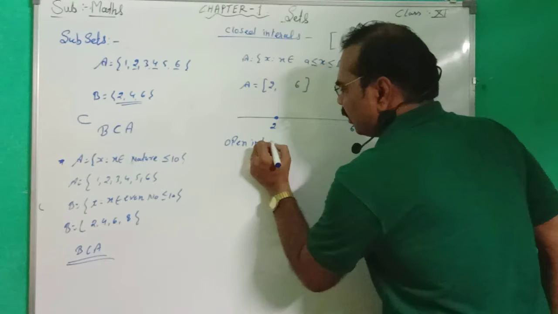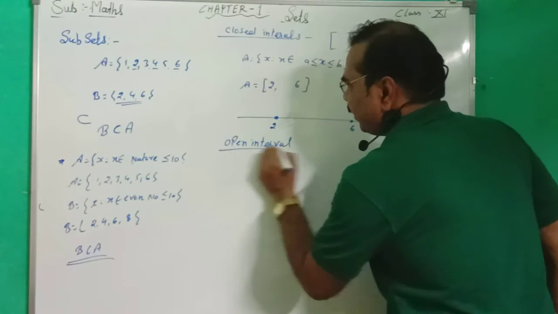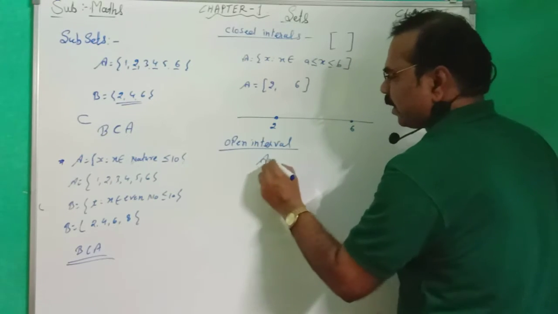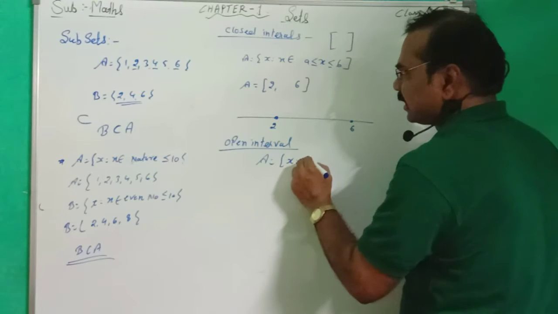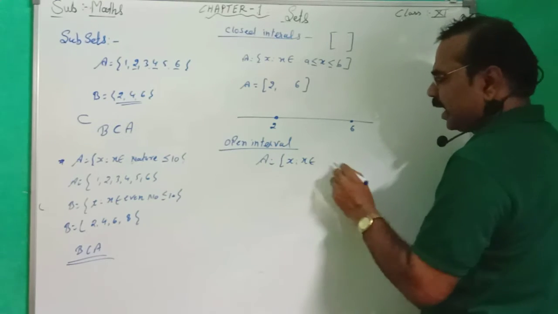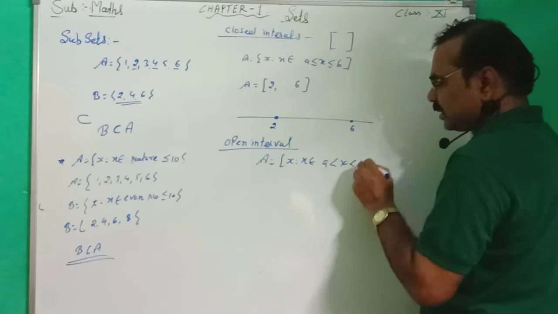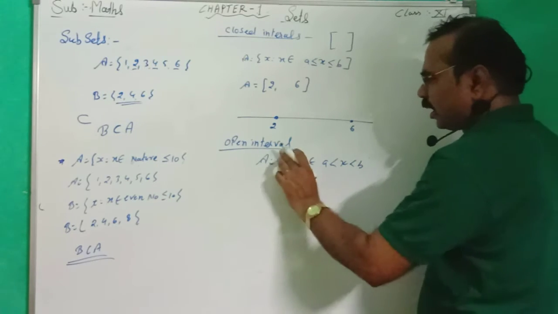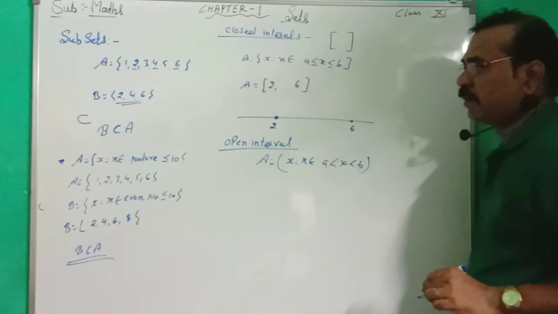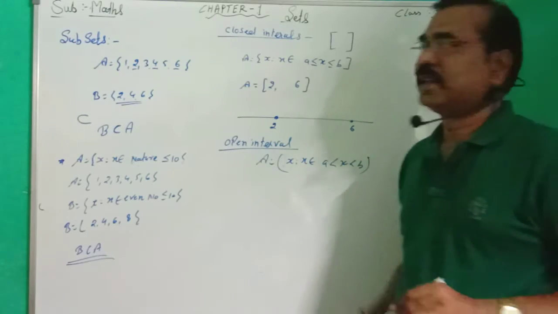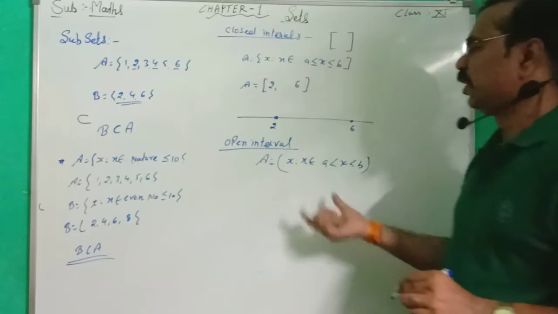Open interval. It means suppose you are given a set of x such that the value of x is greater than A and less than B. Students, you have to look at the signs of the closed interval and the open interval.